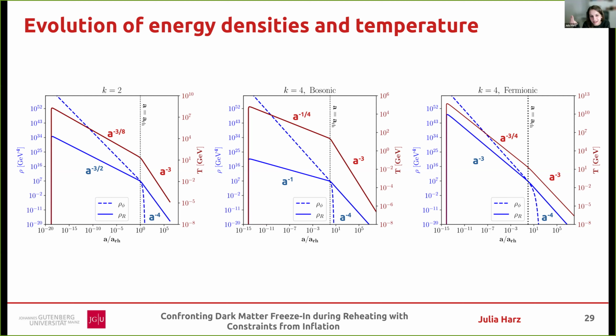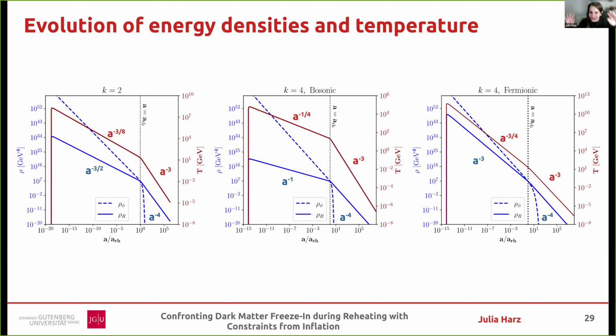But in principle, at the end of inflation we basically have the full energy density of the inflaton, which sets the initial condition of the first energy density. And then this pumps energy into the radiation. But I'll show you in more detail at the end what the initial conditions were. Thank you. Yeah, of course.